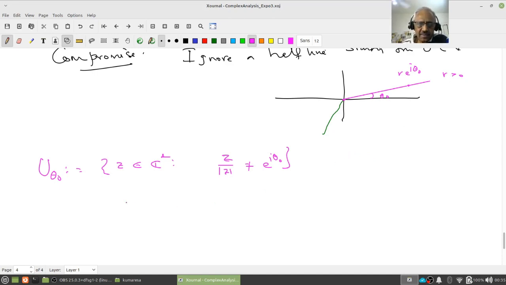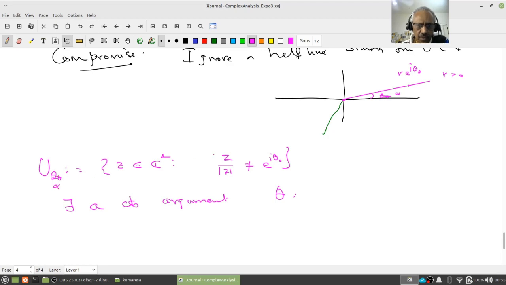Then there exists a unique continuous argument theta, and instead of theta naught I will call it alpha.